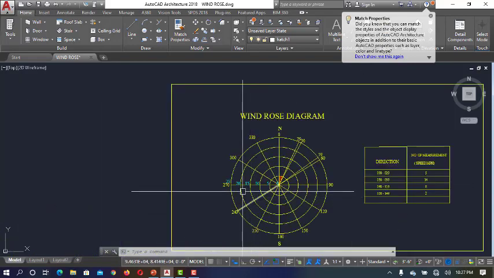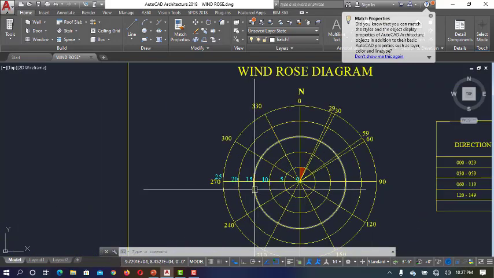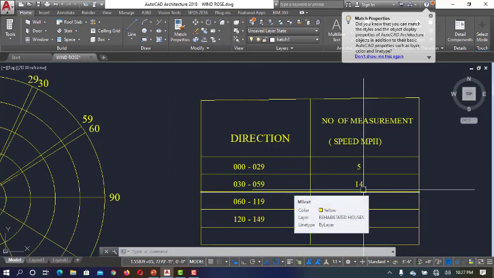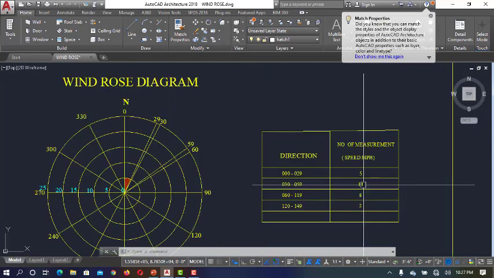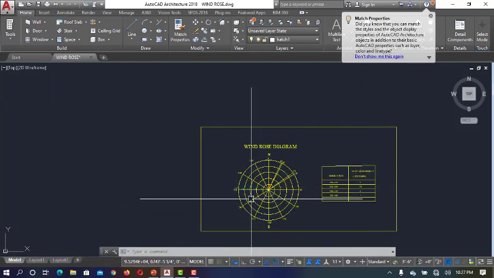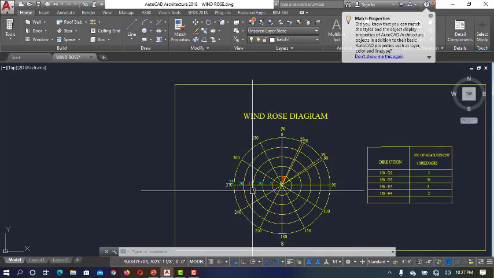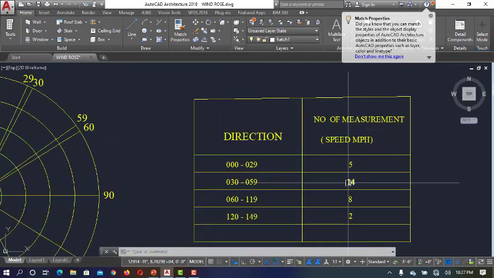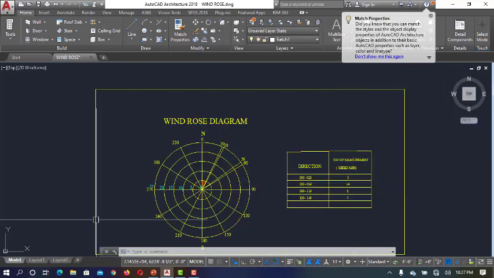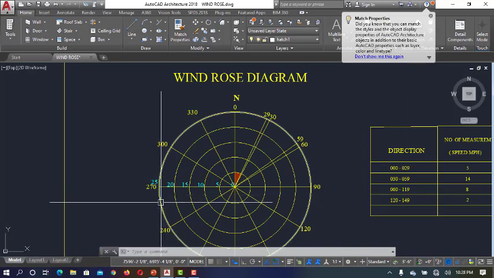If it is 14, then we can plot the graph till 15 because our work would be done in between that, right? If this had been 25 or 30, then we would have to plot the concentric circles till 30 or 40, right? This totally depends on the highest measurement. So here what we have already noted is that the speed is 14.